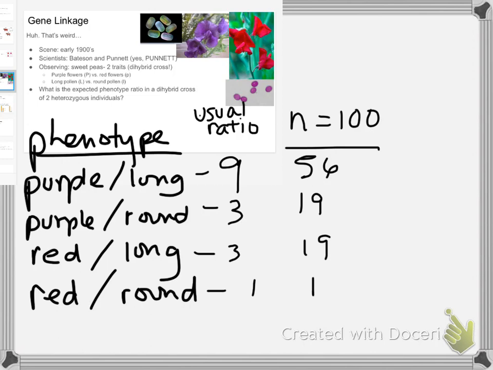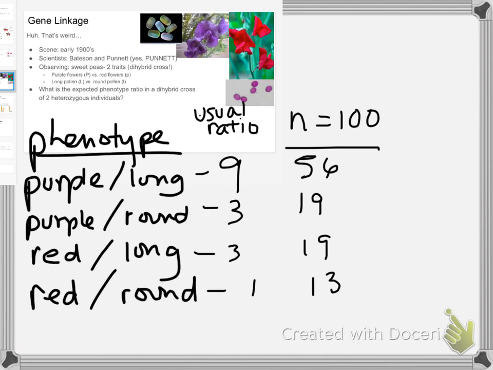And then this last one I think is about 13%. So, okay. And if they had gotten like 58 and 21 and 17 and 10 with 100 individuals, they'd say, yeah, we're in the right ballpark. This is good.